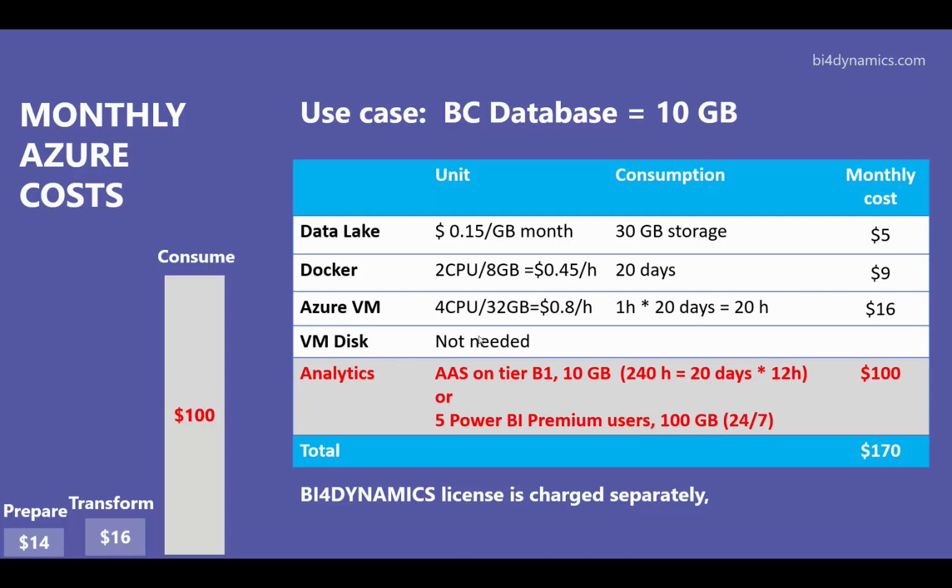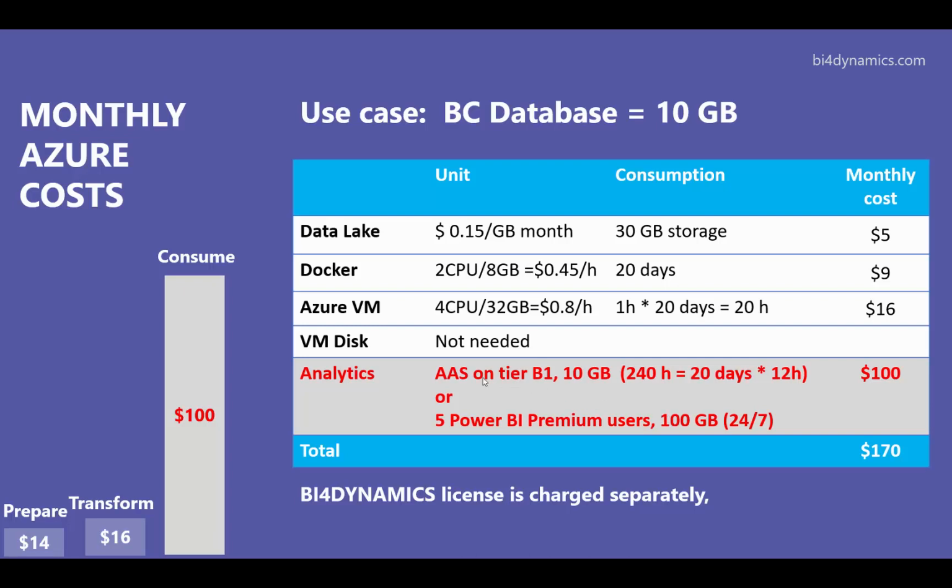And these costs here, preparation and transformation, are really not a lot. The costs come from this business or semantic layer where we give the users all the comfort to browse their data through a supercharged Azure Analysis Services, or we can also use, for the price of $100, 5 Premium per user licenses in Premium per user capacity.